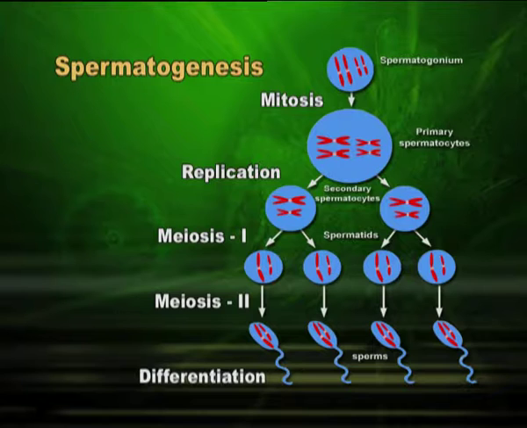Each will give rise to 2, and hence you will have a total of 4. But now simple mitosis will result in 23 chromosomes only. So please remember, we started with 46, it became 23 after the first meiotic division, and the second meiotic division is simple mitosis. So all the 4 have 23 chromosomes, and now they will give rise to sperms.